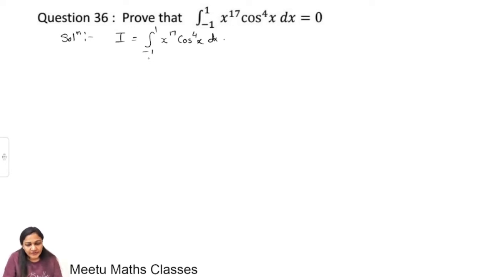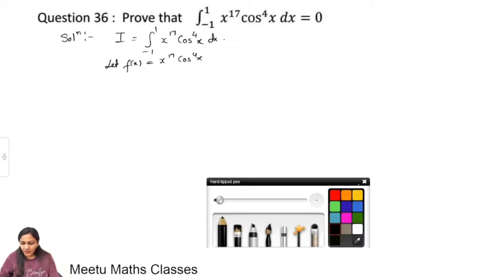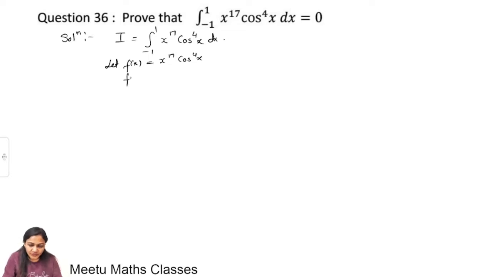Now to solve this integral, whenever your question is a definite integral between minus a to a, you are going to check whether your function is odd or even. So let your f(x) be x raised to the power 17 into cos raised to the power 4x. Now you are going to check f of minus x, that is minus x raised to the power 17 into cos raised to the power 4 of minus x.